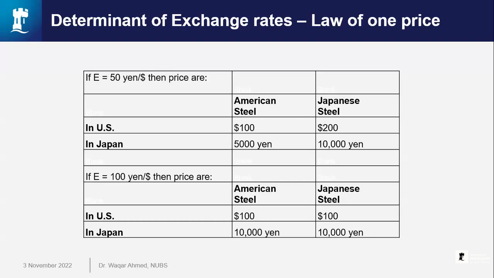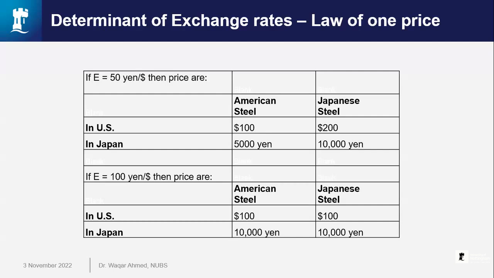And using this law of one price, we can determine what should be the exchange rate between dollars and yen. If the law of one price holds, this dictates that the exchange rate between the two currencies should be 100 yen per dollar.